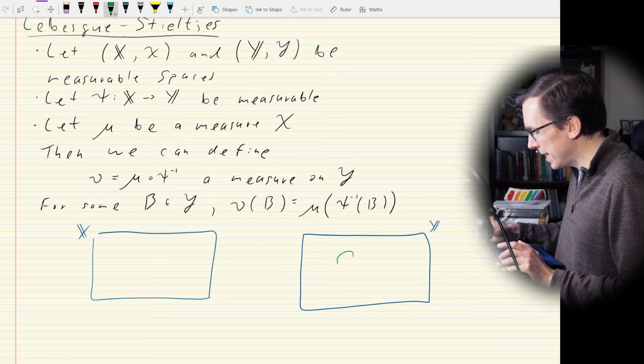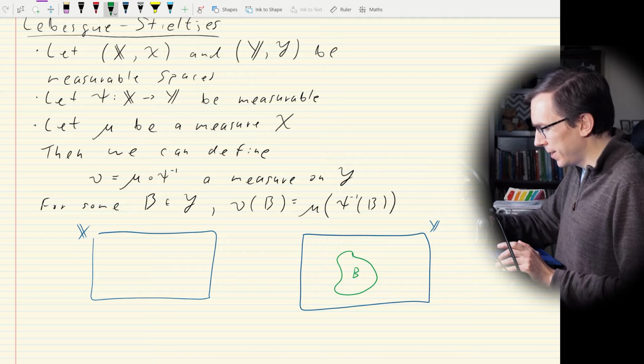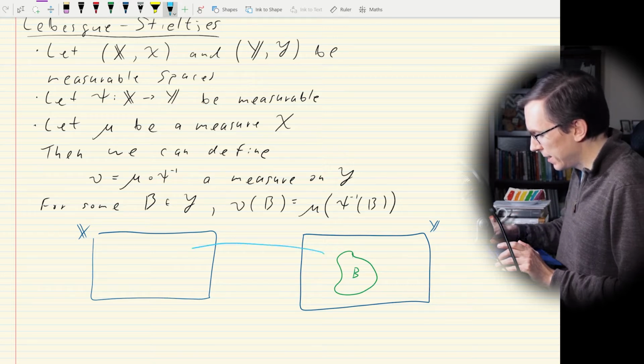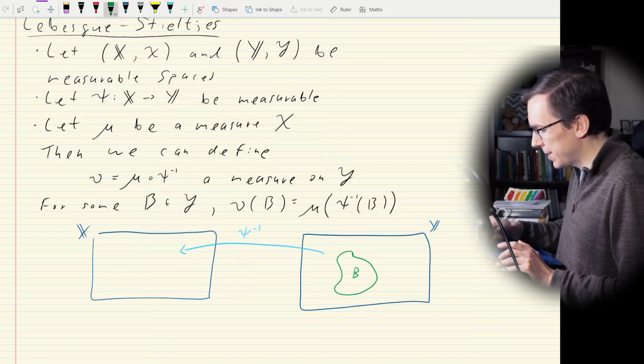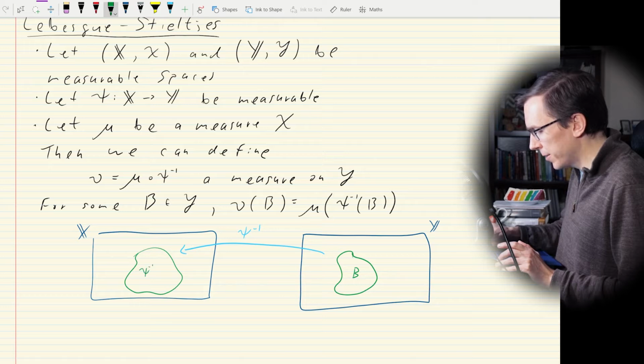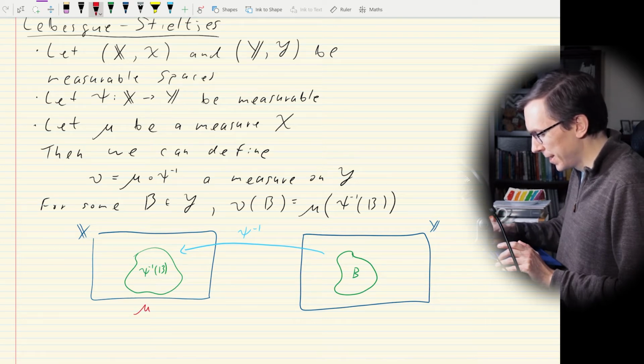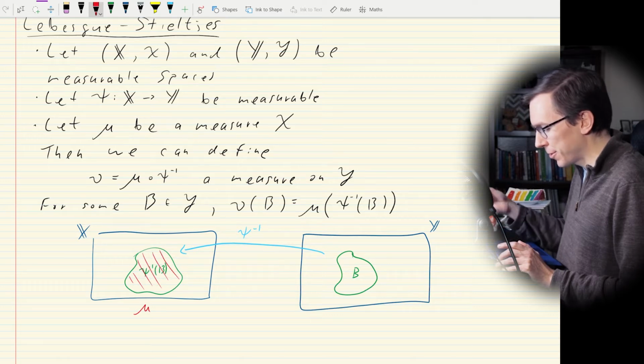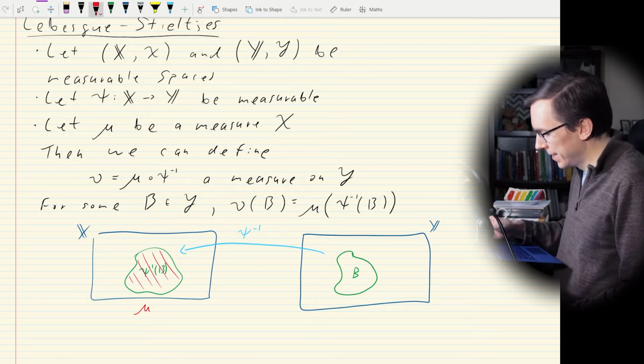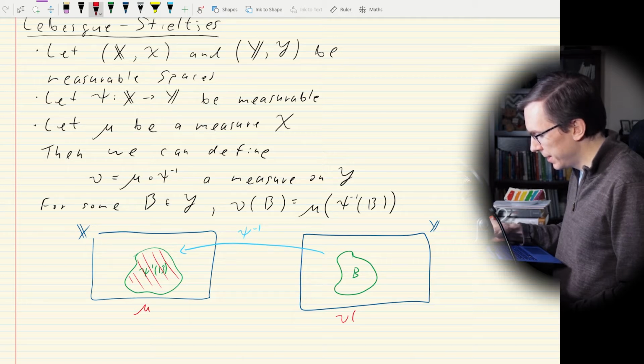Then if we have some set B, what we're doing is mapping it back by psi inverse into some set, which is going to be psi inverse of B. And then we take the mu measure of this set. So we figure out how big this is with respect to the measure mu. And then we assign that to nu of B.